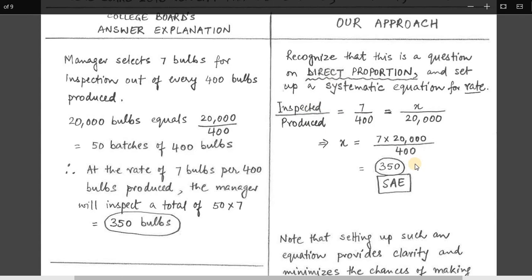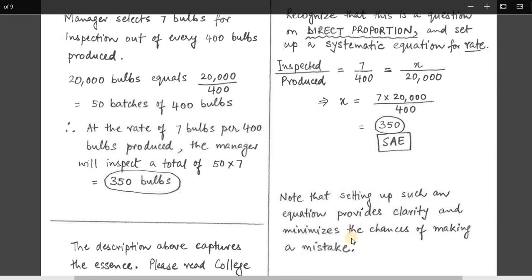Hopefully setting up a systematic rate equation is easy for you, and I'm confident you'll find it very helpful. Set it up, it provides clarity and minimizes the chances of making a mistake.